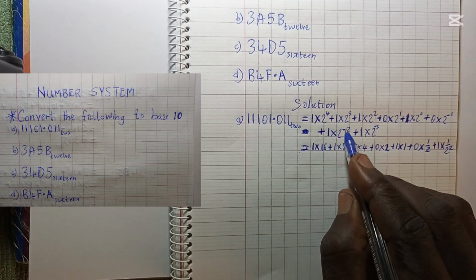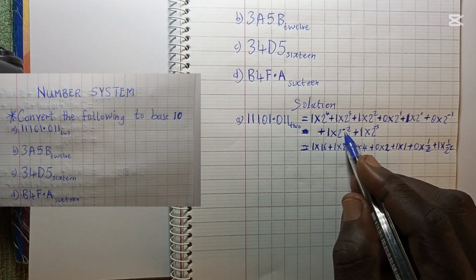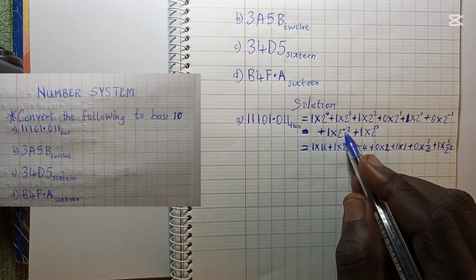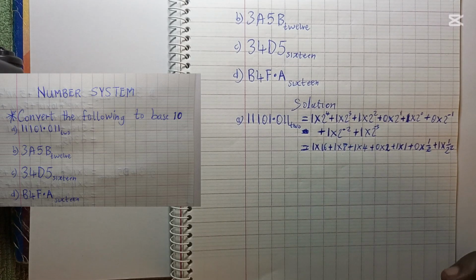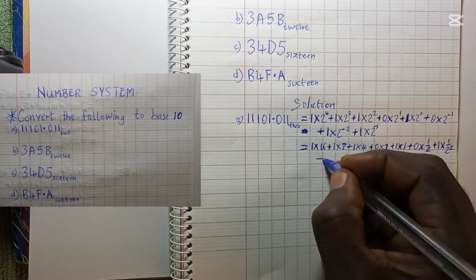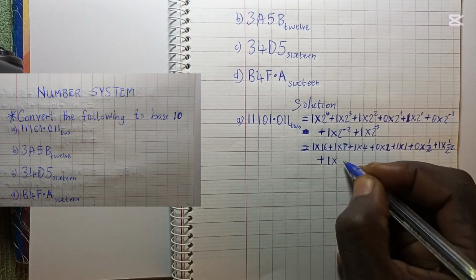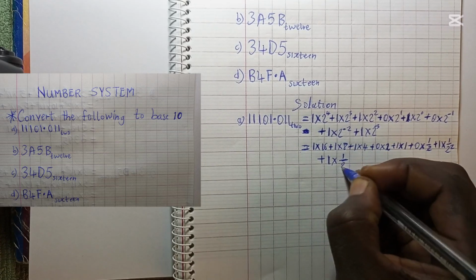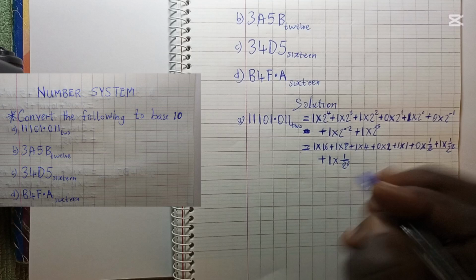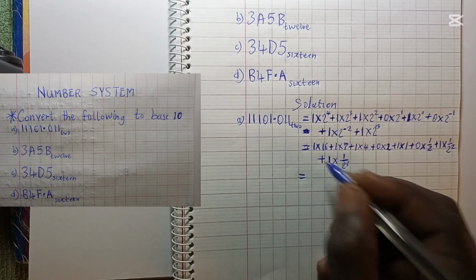The same rule applies here: 2 raised to power minus 2 will give us 1 over 2 raised to power 2. Plus this value, 1 times 1 over 2 raised to power 3.